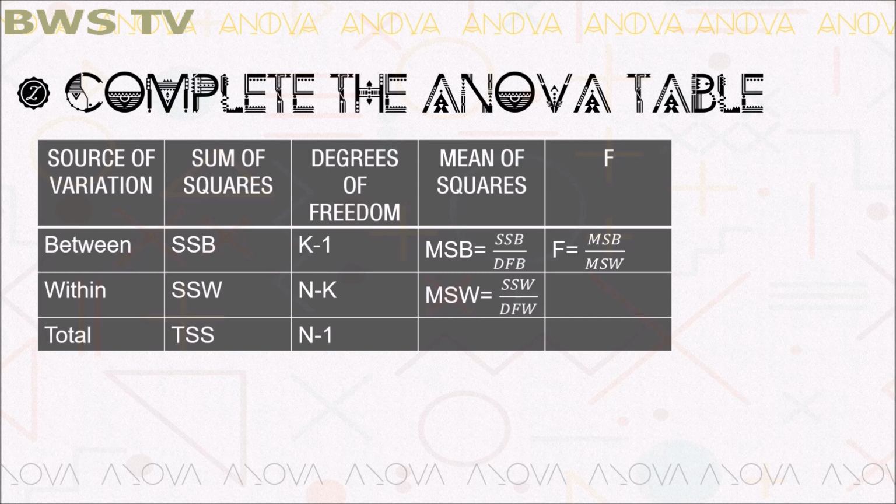We also have MSB and MSW under mean of squares. And lastly, the formula of F in the last column.